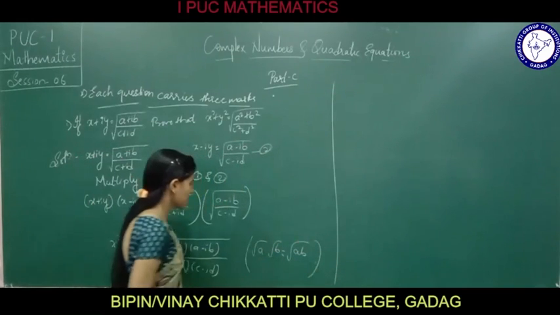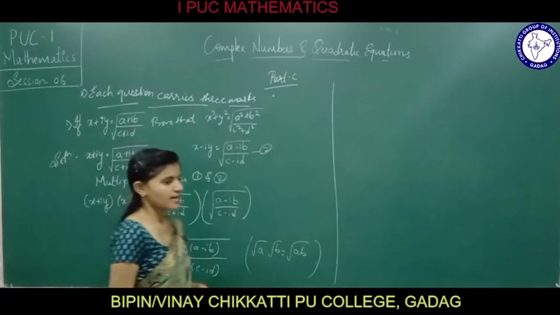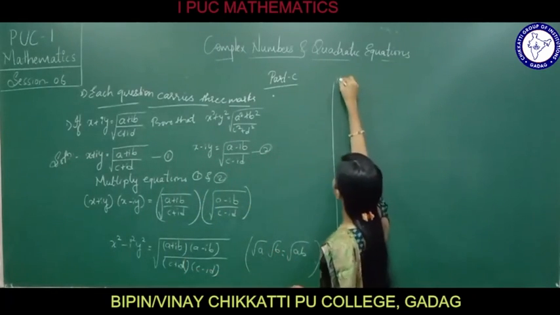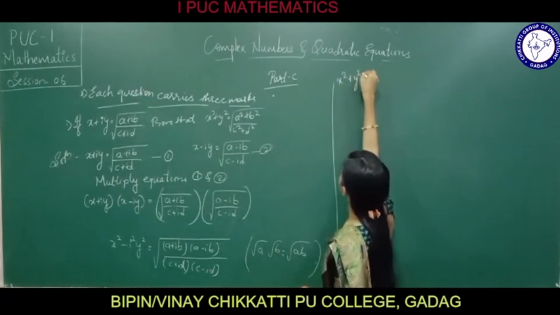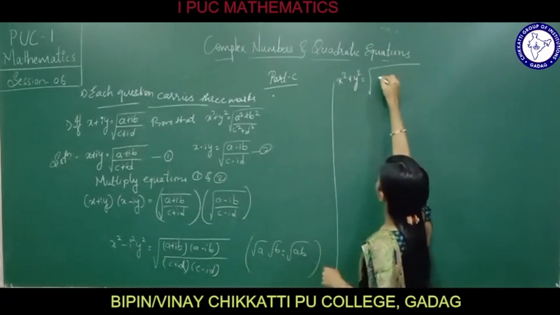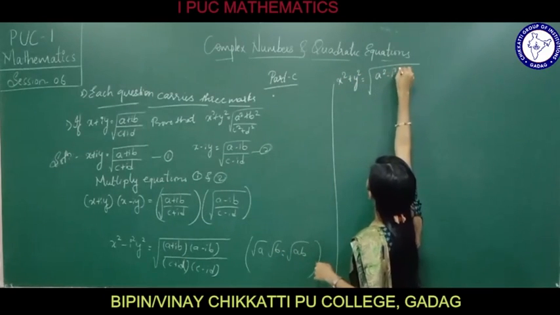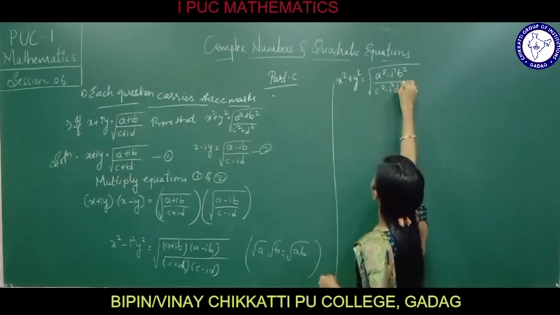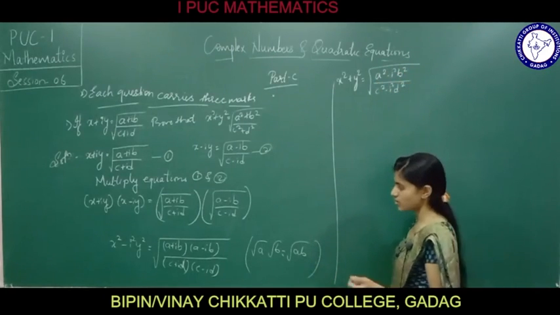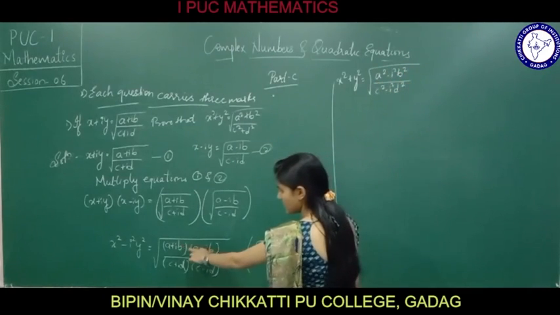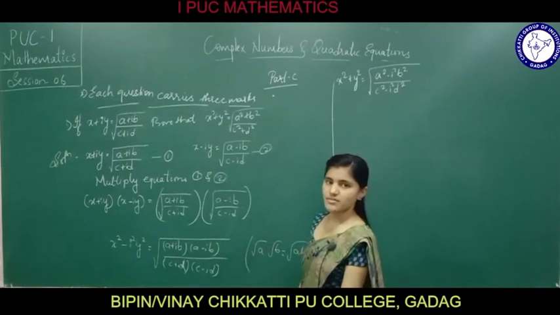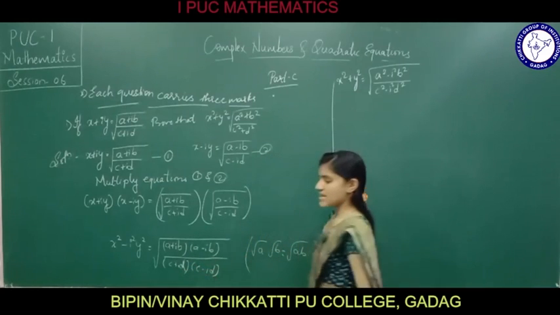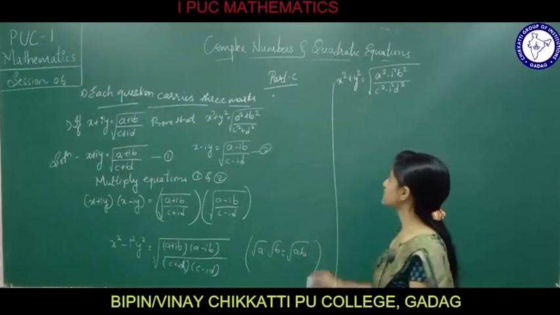Next, what do we have? Just simplify. I square value is minus 1. That is why we get x square plus y square is equal to root of a square minus i square b square divided by c square minus i square d square. Why? Because a plus ib into a minus ib is a square minus i square b square, and c plus id into c minus id is c square minus i square d square.